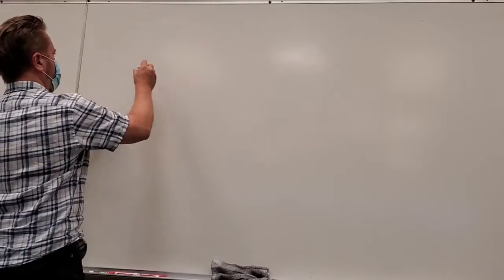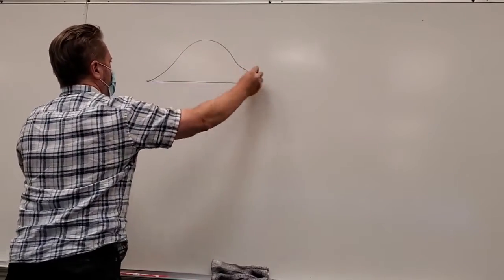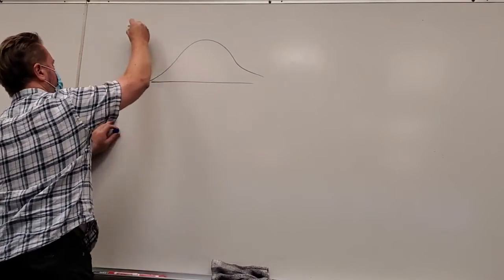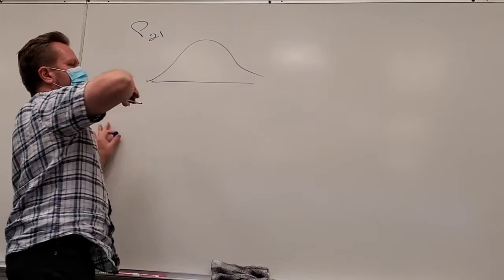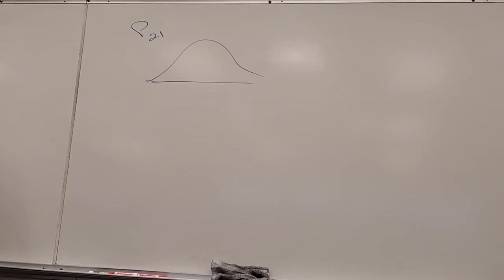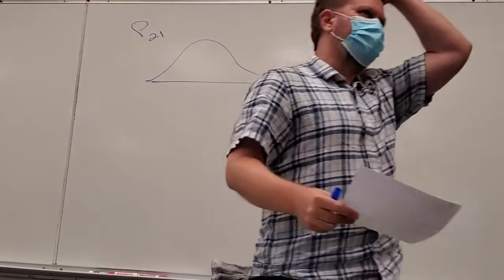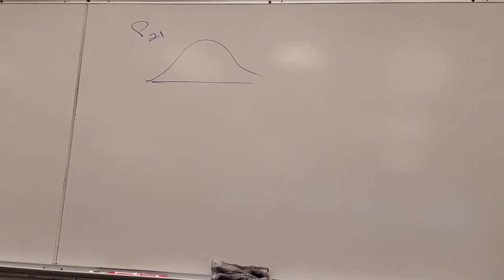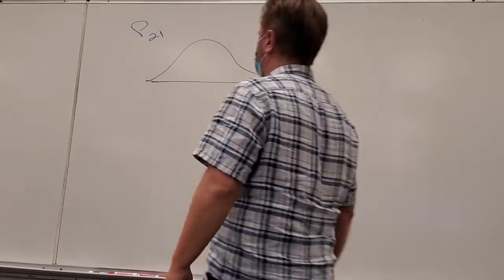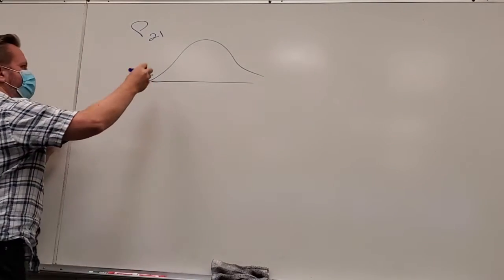So we have a normal curve, and you have to remember what this means. What does 21st percentile mean? It would be the z-score that has how much area where? The left. How much? 21% to the left.